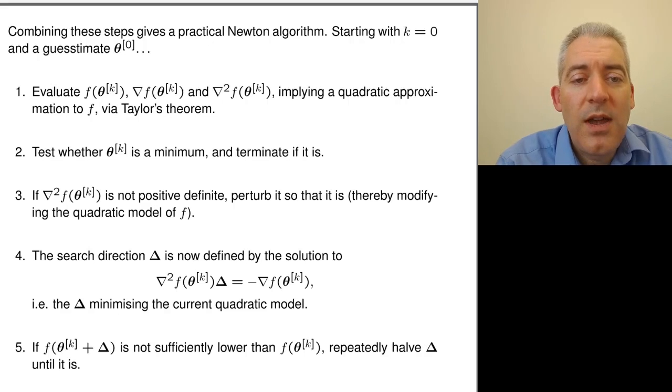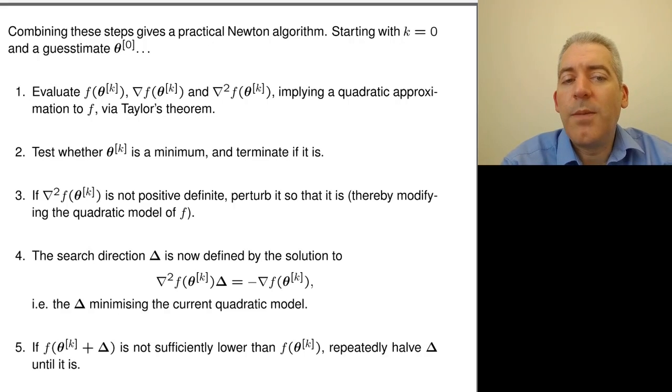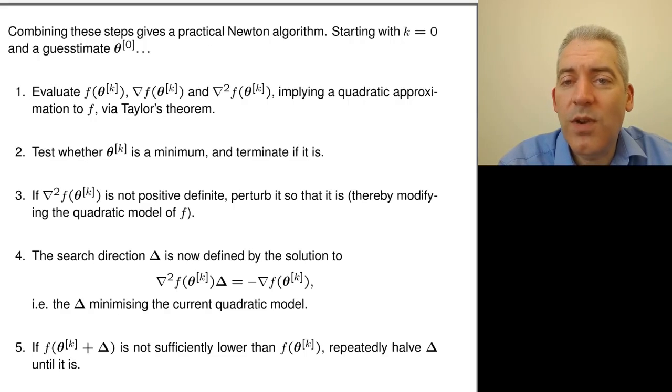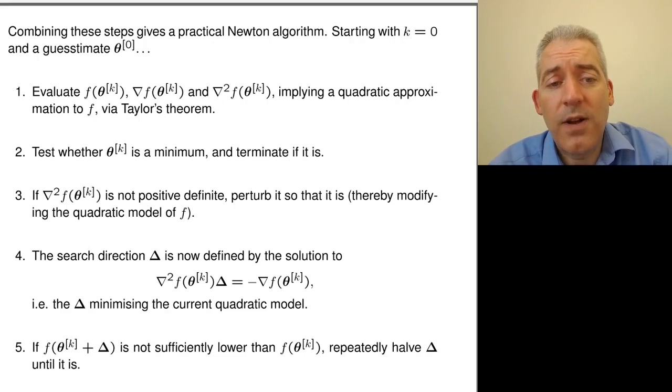If not, we need to worry a little bit about whether or not the Hessian is positive definite. And if it's not, we should perturb it so that it is, and that's going to give us a modified quadratic model, but it's going to be similar to the quadratic model that we got directly from Taylor's theorem.